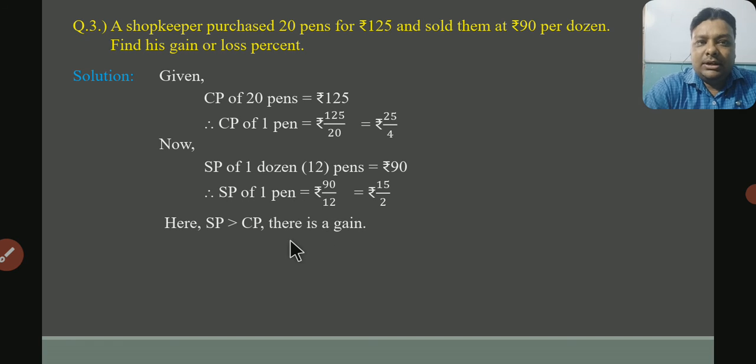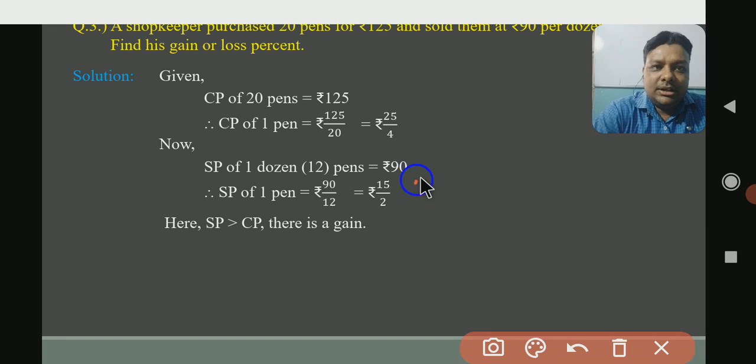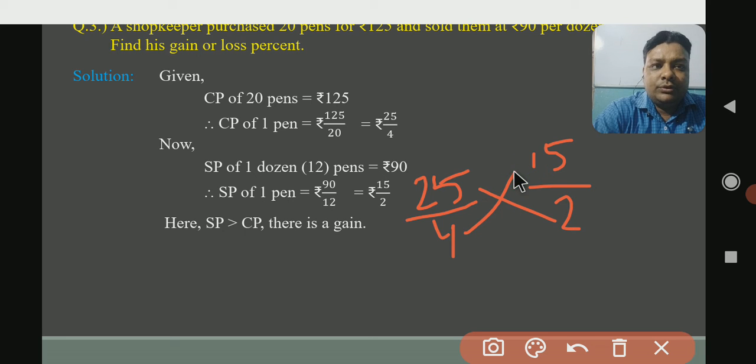Here SP is greater. How can we know that SP is greater? 25 by 4 and 15 by 2. It is in fraction, so cross multiplication: 25 into 2 is 50 and 15 into 4 is 60. It means this one is greater. It means SP is greater.